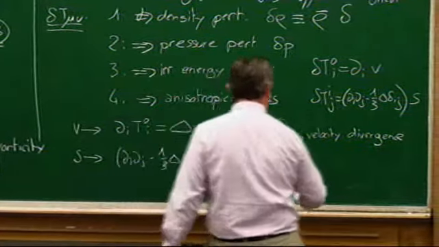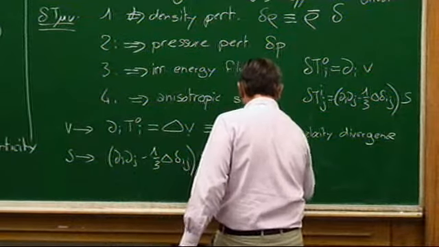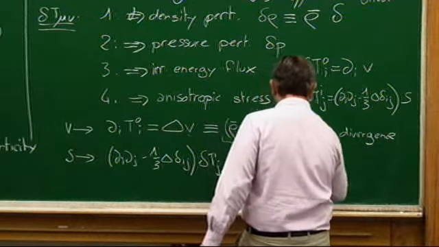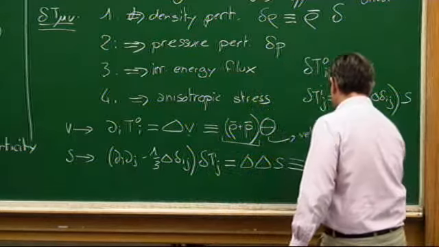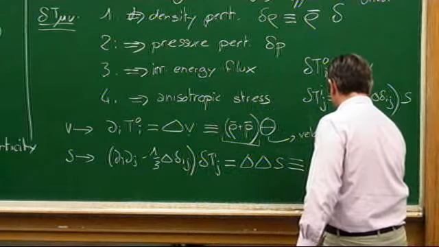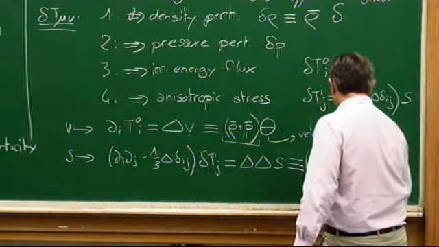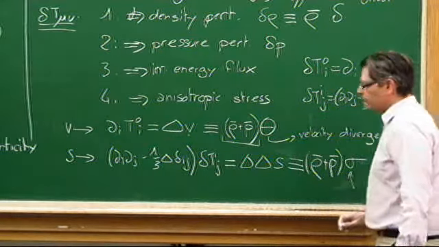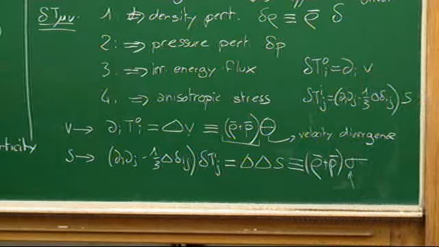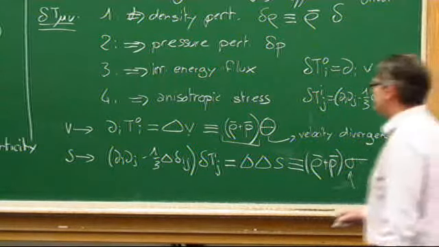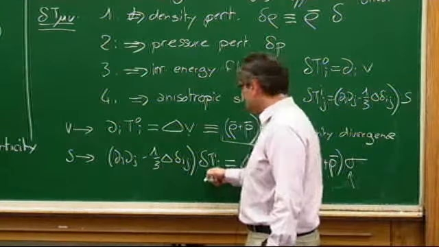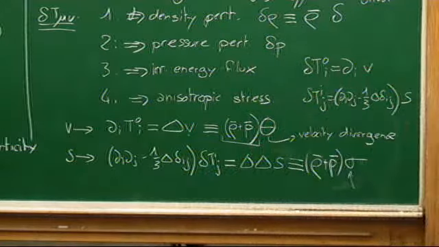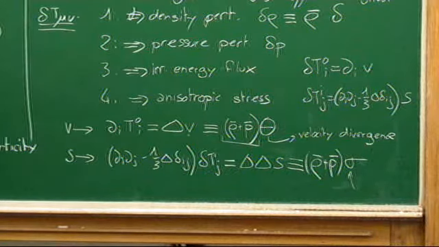What you get can be easily shown to be the Laplacian of S, and we will define this quantity as the same factor rho plus p, for the same reasons, times a quantity that we call sigma. This sigma is often called the anisotropic stress, but in fact the real anisotropic stress is delta Tij. So sigma should be thought of as a kind of potential giving rise to anisotropic stress.